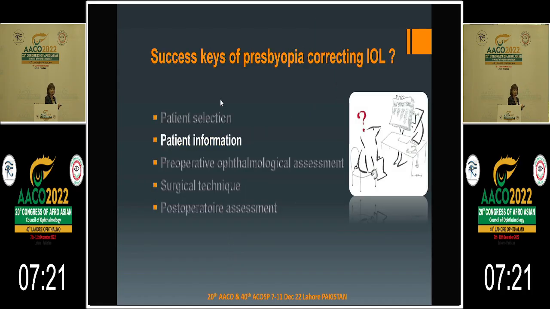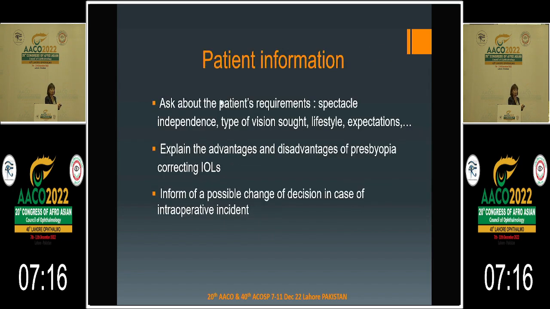The second key is patient information. We have to ask about the patient's requirement, spectacle dependence, type of vision, lifestyle, expectation, and especially explain to the patient the advantages and disadvantages of presbyopia correcting IOLs, especially photic phenomena, and inform the patient of a possible change of decision in case of intraoperative incidents.